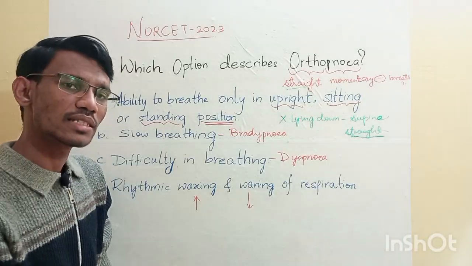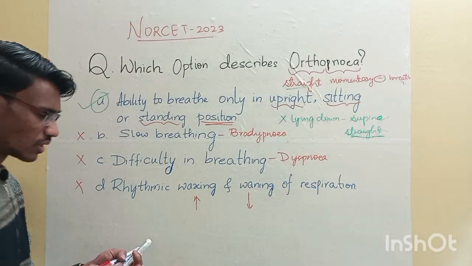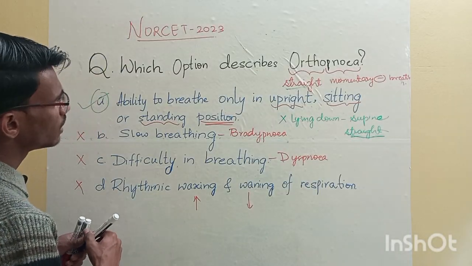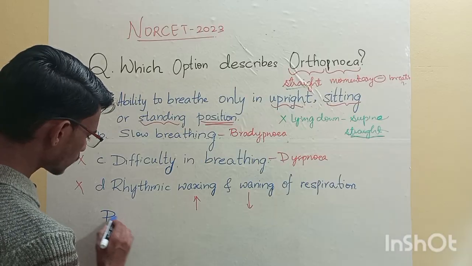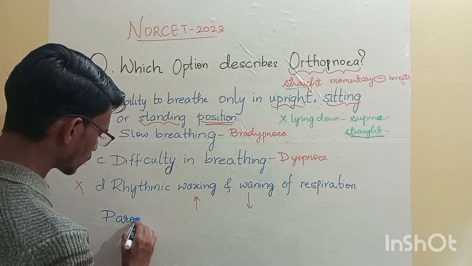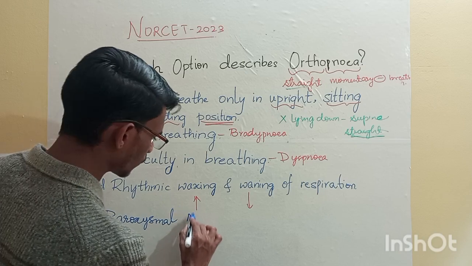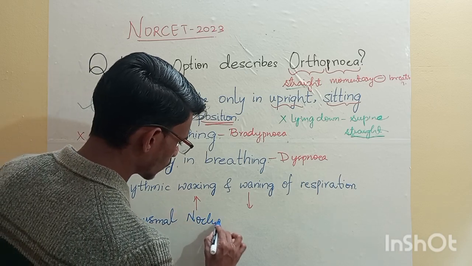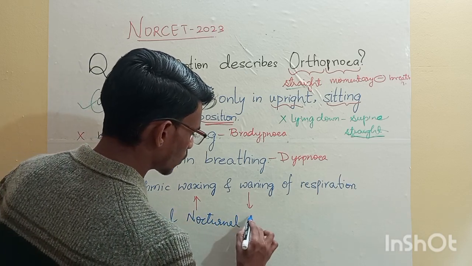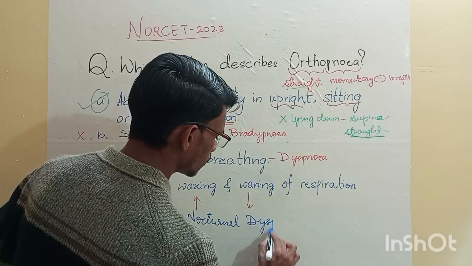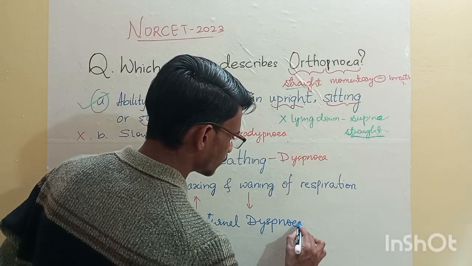There is another concept called PND, which means paroxysmal nocturnal dyspnea. Both are closely related.